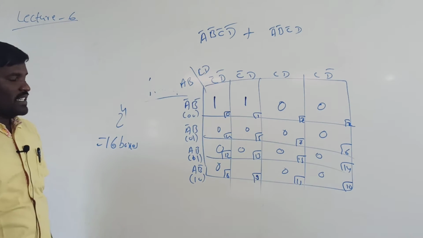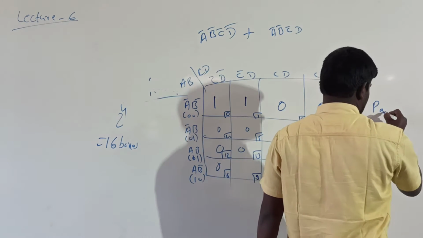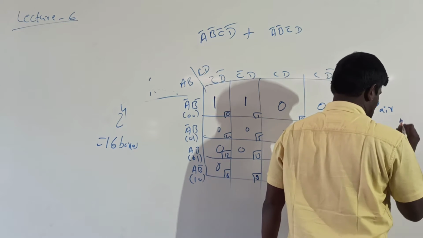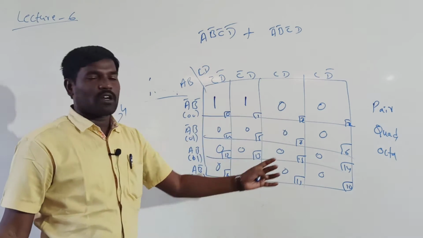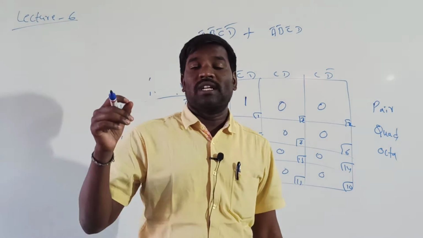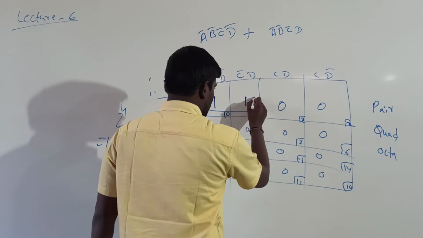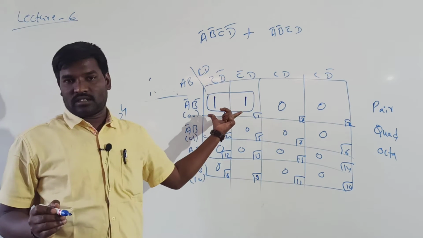Okay. Next is pair. It consists of pair, quad, octa. With the help of pair, quad, octa, we can reduce the Boolean expression. See here, pair means two adjacent ones.